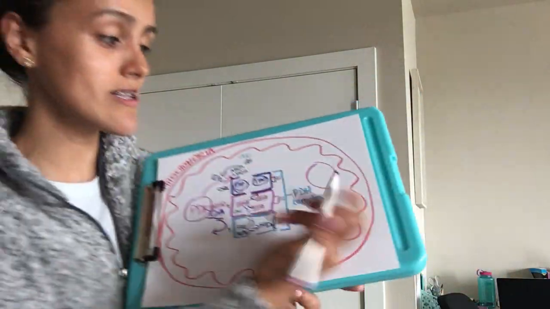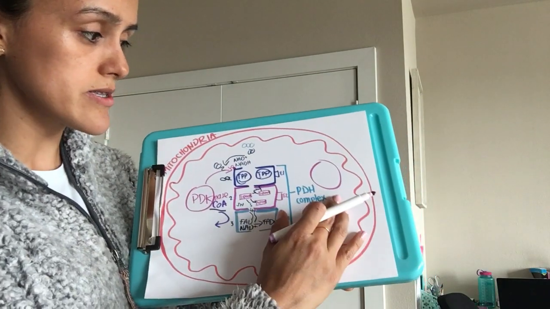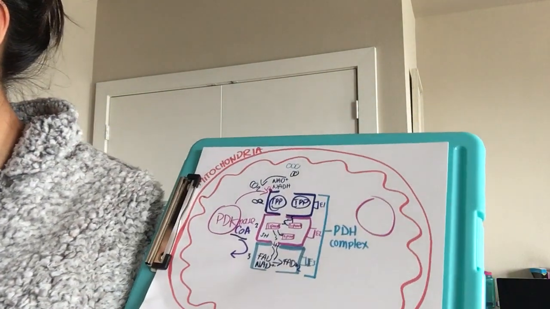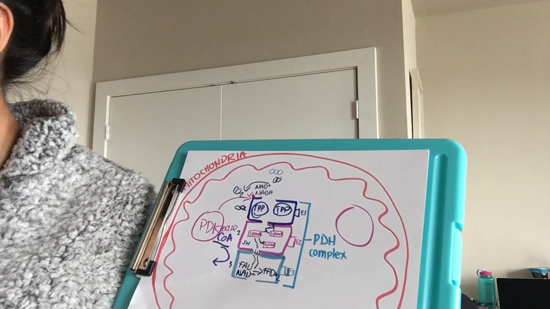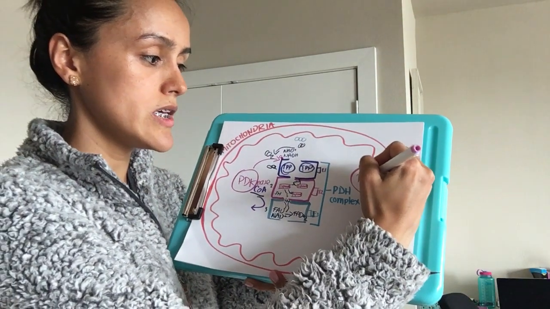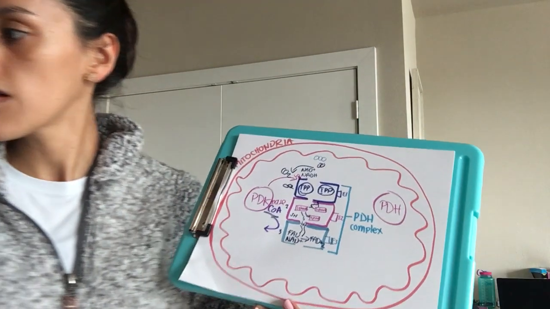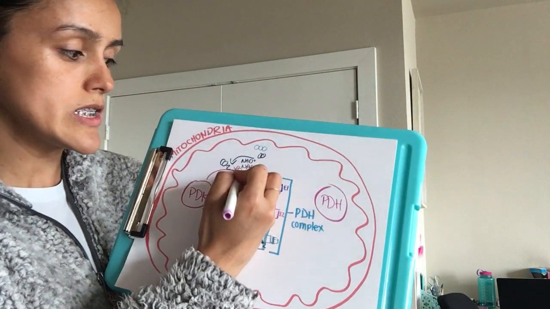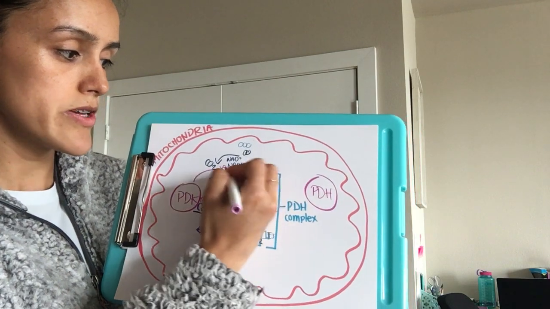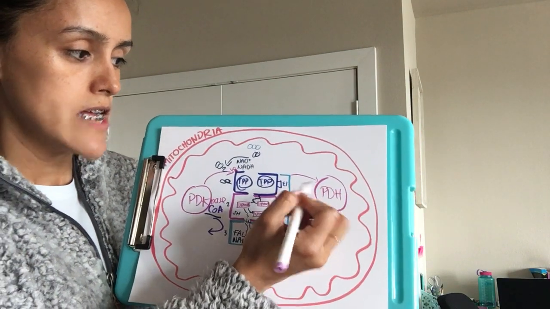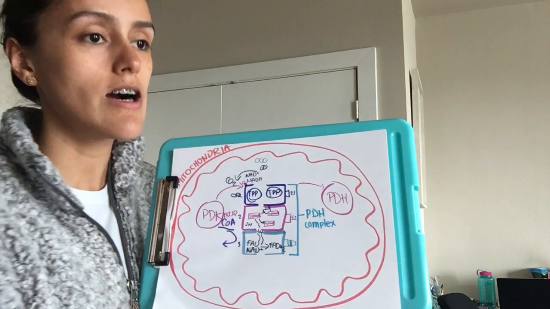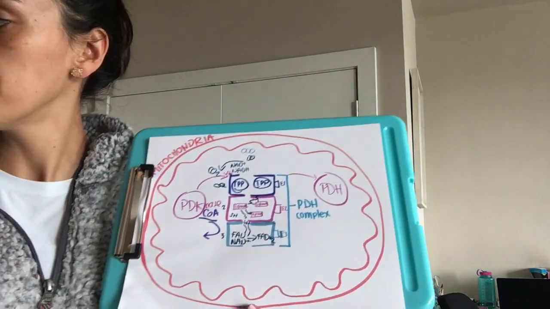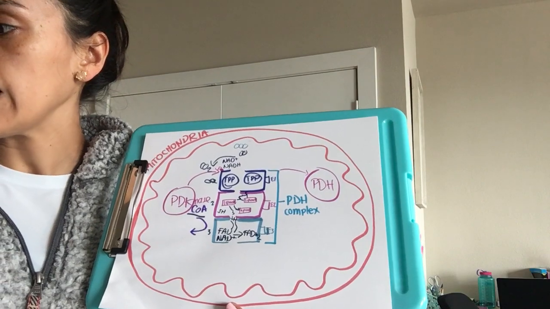Now, the other enzyme that regulates this whole complex is called PDH phosphatase. It basically removes this phosphate group. Therefore, it causes the complex to produce more ATP when the body needs it.